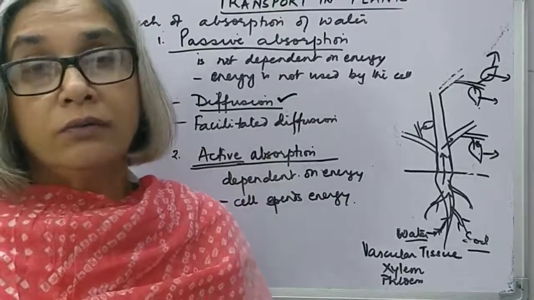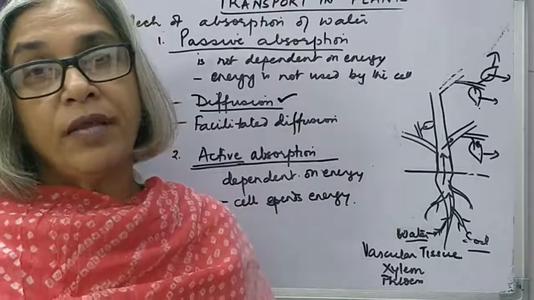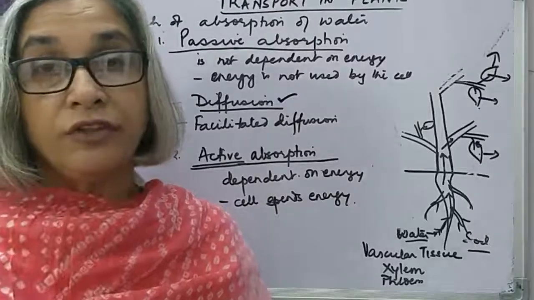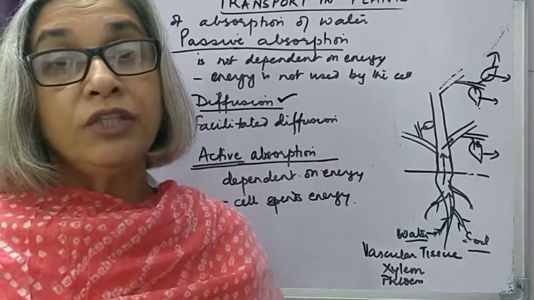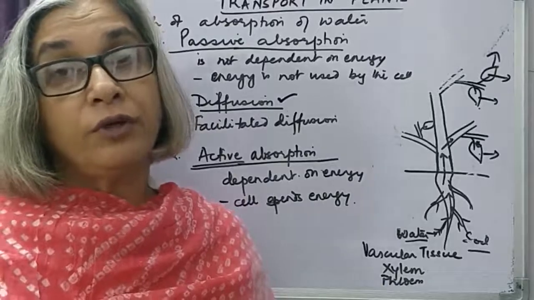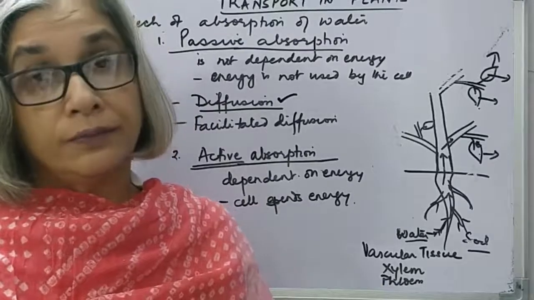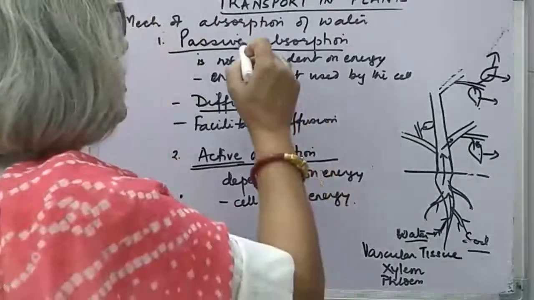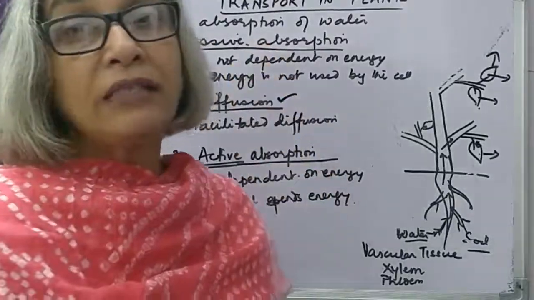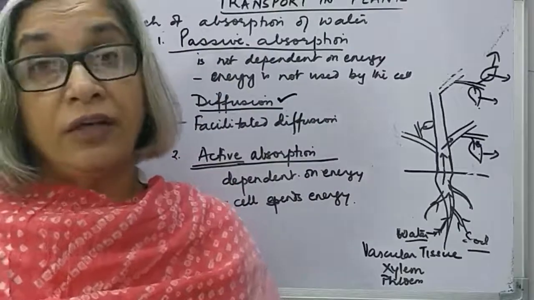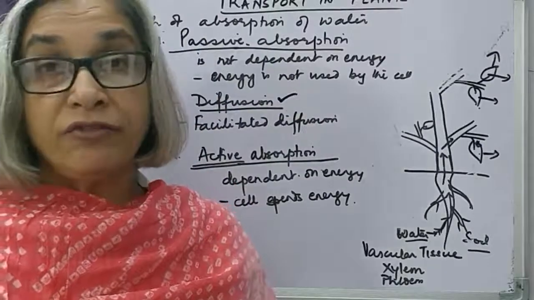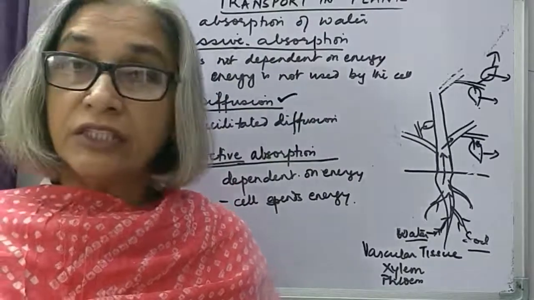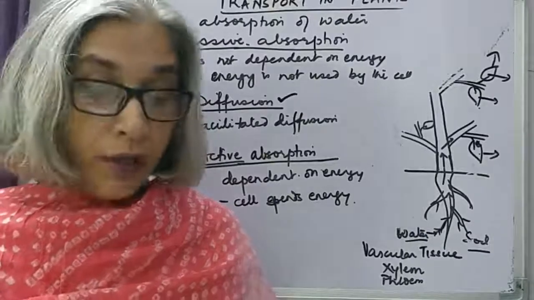So presence or absence of membrane does not make much of a difference. Diffusion means movement of substances from a region of their higher concentration to a region of their lower concentration, and it is a passive process in which energy is not required.